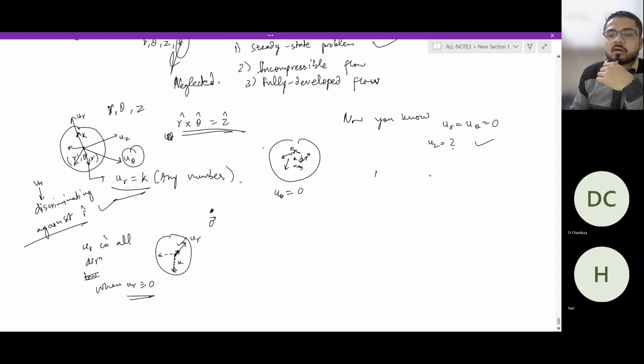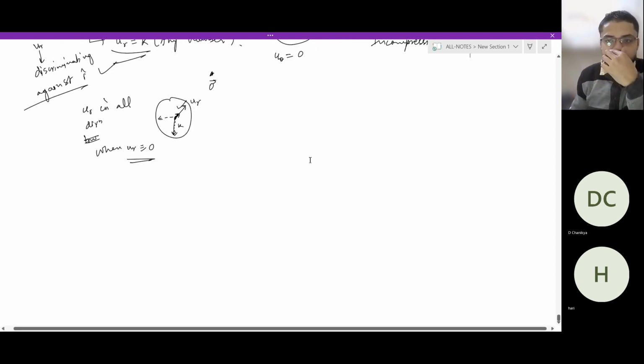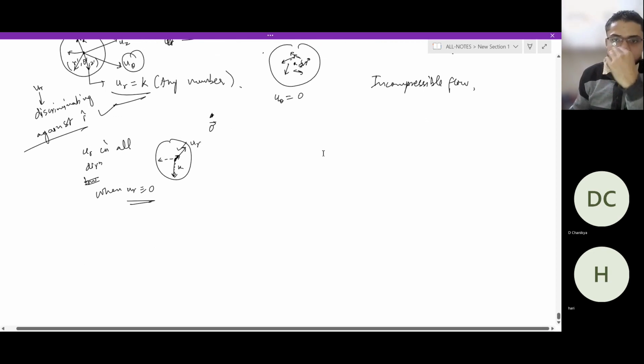So for an incompressible flow, do you know that the divergence of velocity is equal to zero?